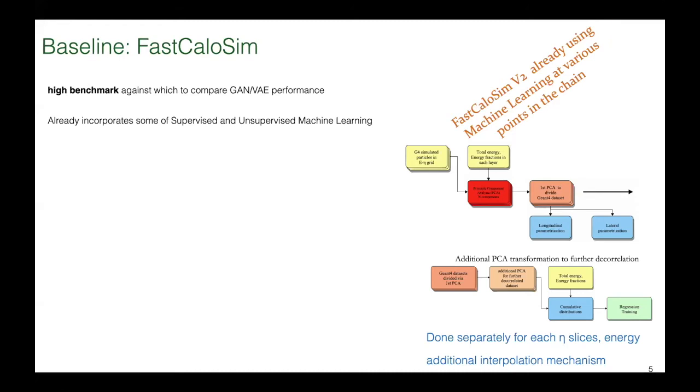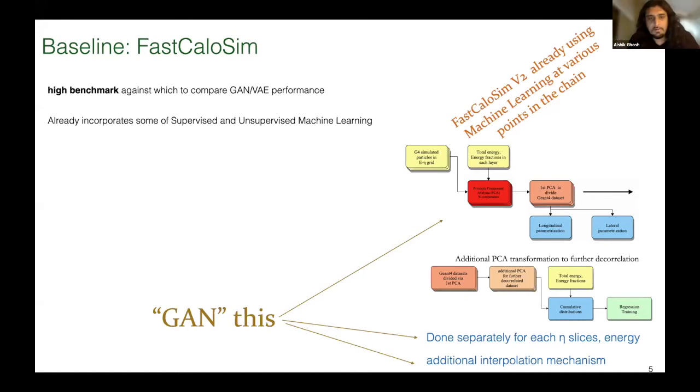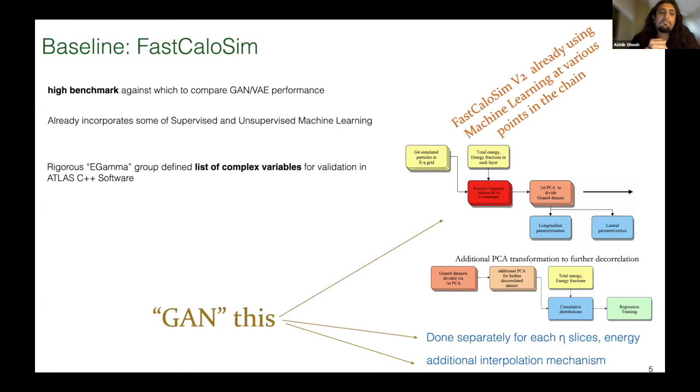And ideally, what we want to do is, in an unsupervised way, or alternatively with a variational autoencoder, automate all of this. Now, we're lucky to be able to borrow from a lot of experience of the traditional fast simulation work that's been going on.